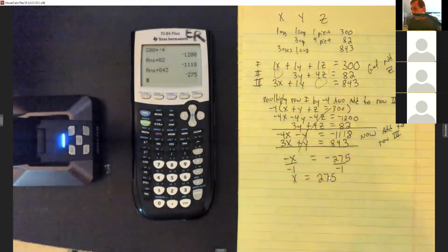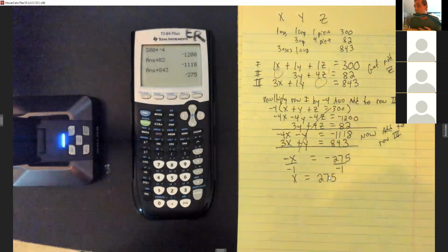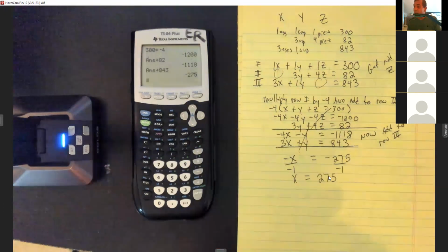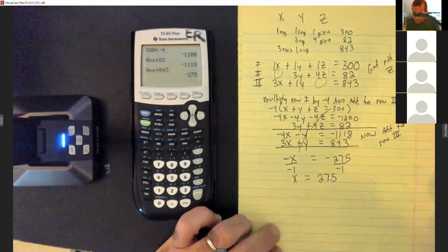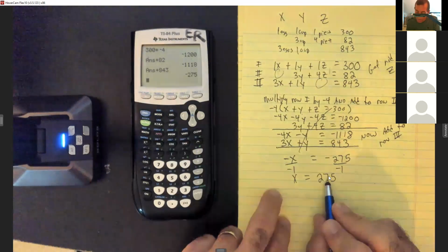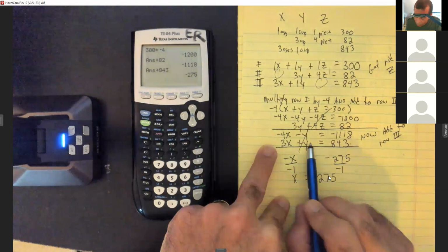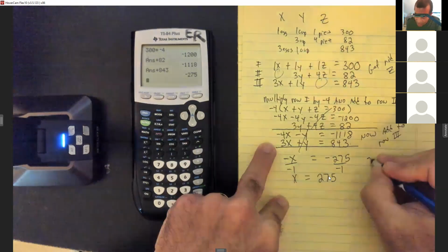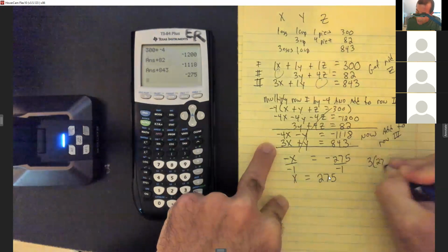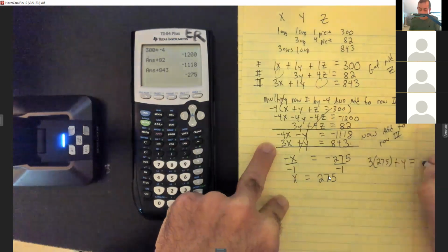Actually, since you're talking about cholesterol and milligrams on this, every one of these answers better be positive, okay? Because you can't have negative cholesterol. All right, so X is 275. I'm going to back substitute and find my Y. So I'm going to use this equation. 3 times 275 plus Y has to equal 843.